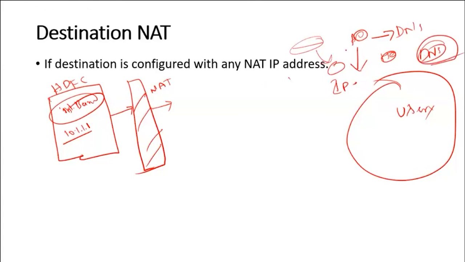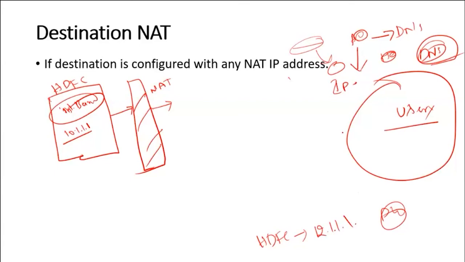This HDFC net banking is assigned some public IP address because it has to be available for internet users. Consider that HDFC.com net banking is assigned the public IP address 12.1.1.1.